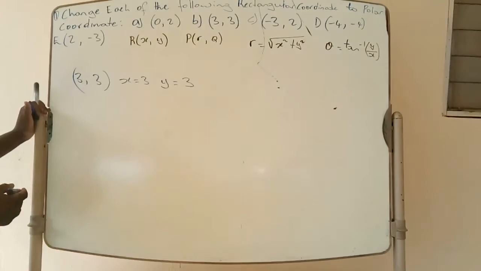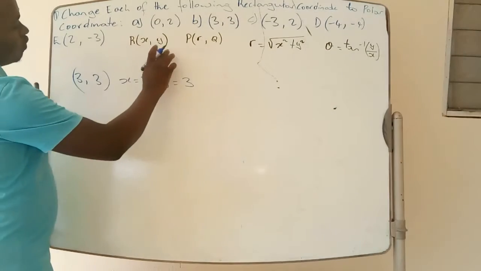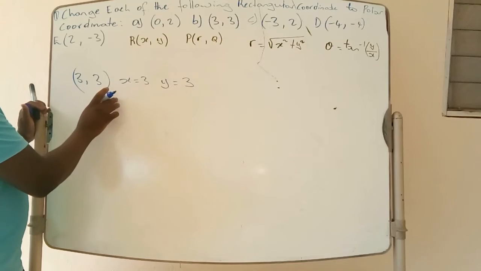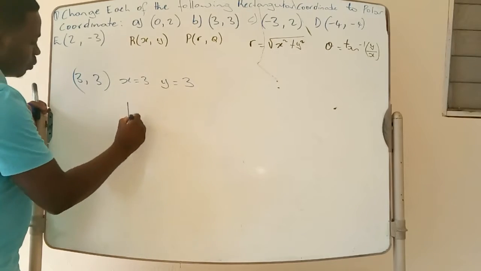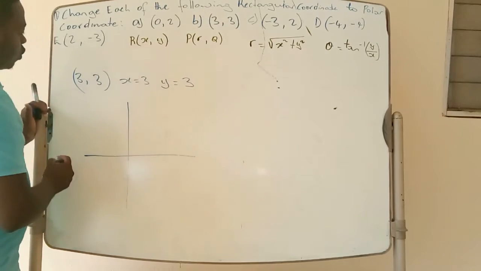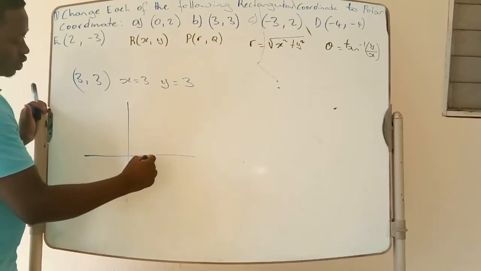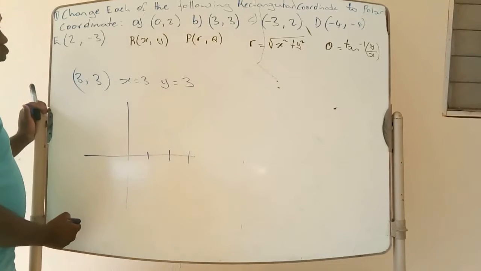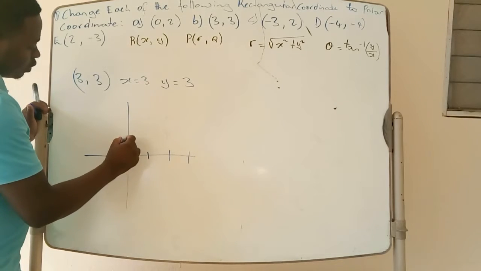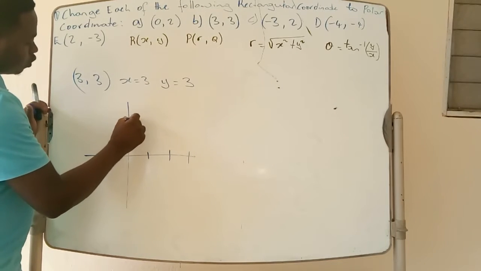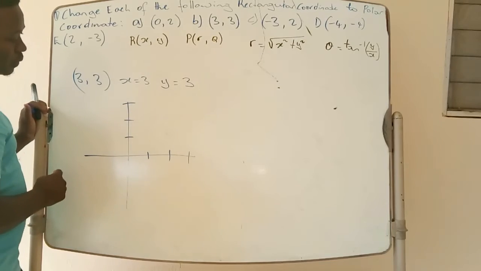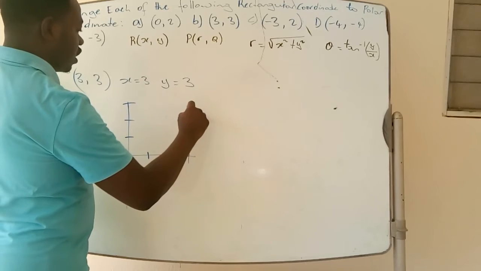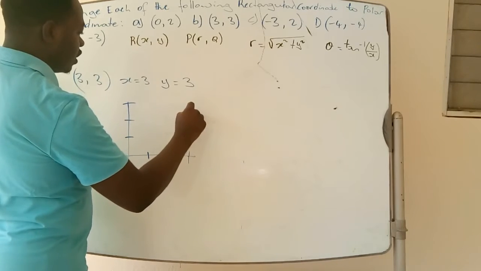We need to determine two values, r and theta, but before we can do that, we're going to plot this. x is equal to 3, so here we need 1, 2, 3. And y is equal to 3, so here we need 1, 2, 3. We go across 3 and then 3 up, so the point will be located about here.